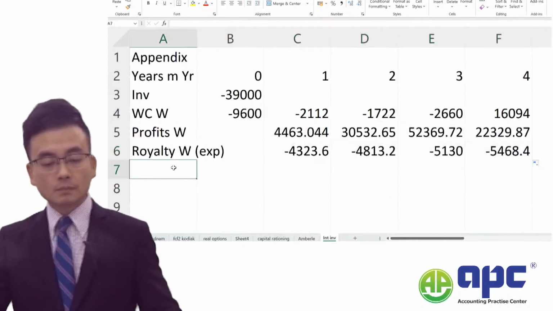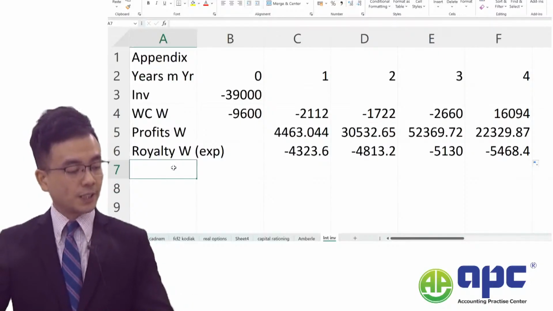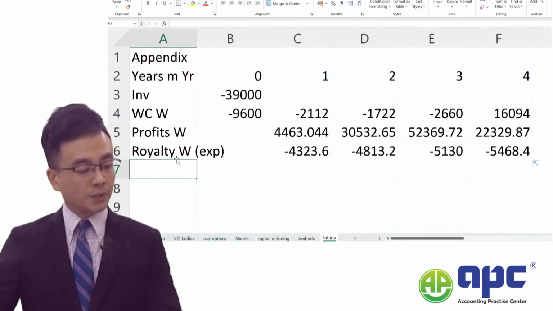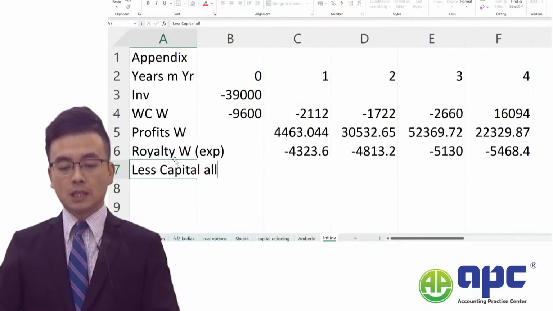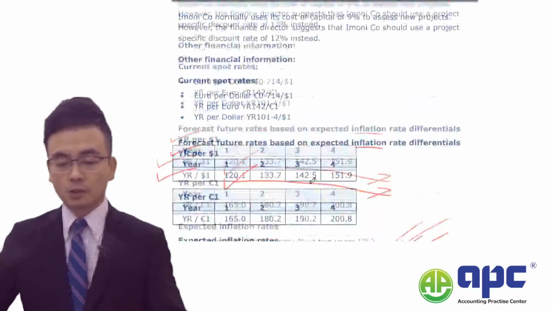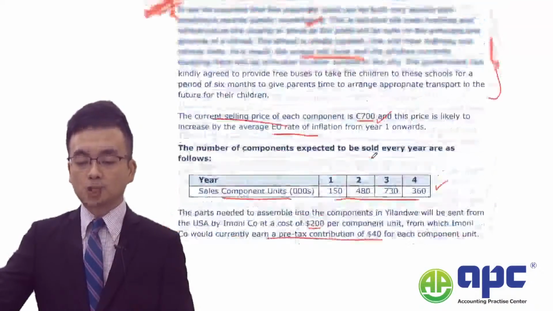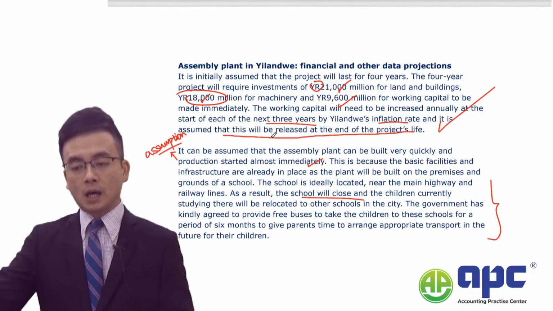Now after we've done quite a lot of calculations already, the next thing will be relatively straightforward, because we need to calculate taxes. Firstly, we need to deduct any capital allowances to save us tax. Let's read through the question again. Tax allowable depreciation is 25% on machinery only. The machinery investment, we are told at the very beginning, would be 18,000 million YR.